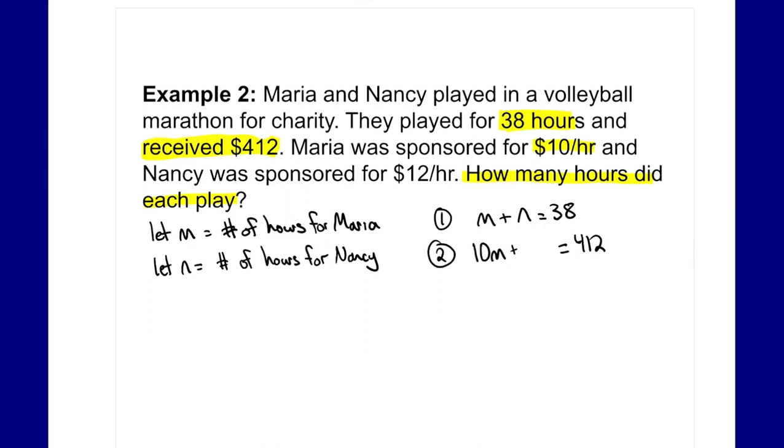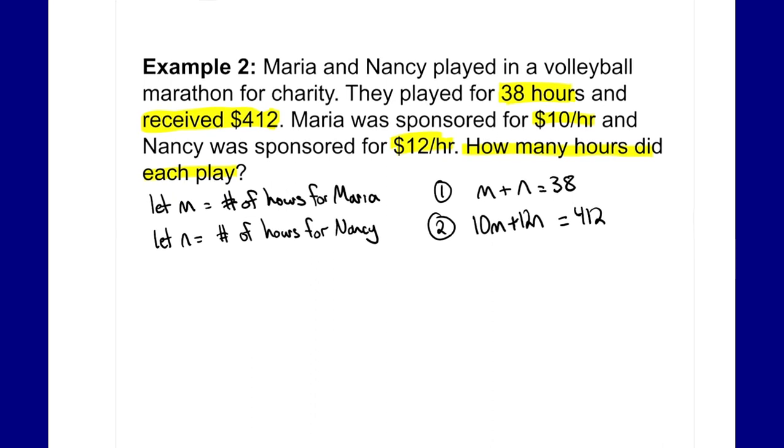Same idea for Nancy. She was sponsored for $12 an hour. So if we know how many hours she played, then we can multiply that by 12, and that would be the money that Nancy made. And then adding those two together would give us the $412. So now we have our two equations, one representing the hours played and one representing the money raised.